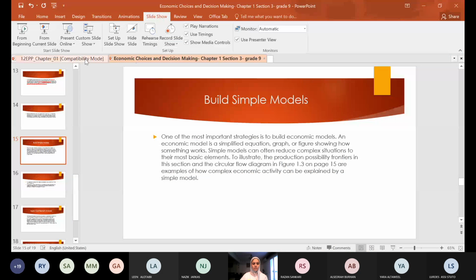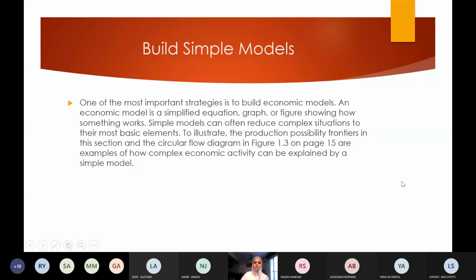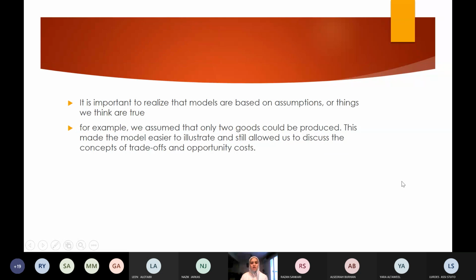Okay, I'll reshare the PowerPoint again. So this is a simple model. All models are assumptions. What's an assumption? I assume, meaning I'm not sure of what is going to happen. I just assume.